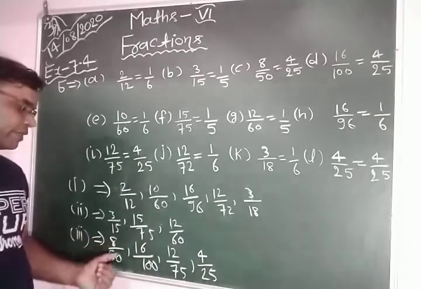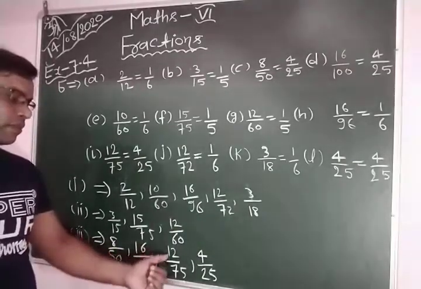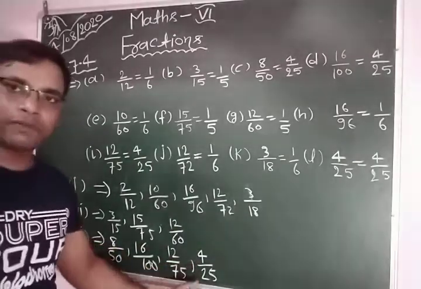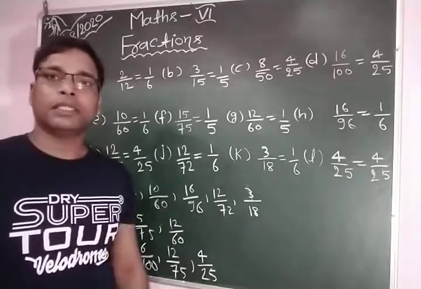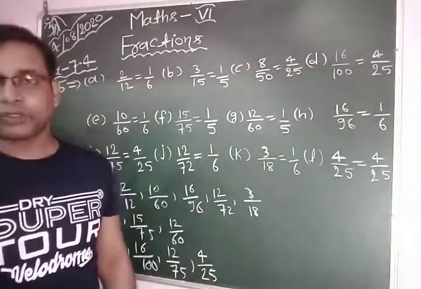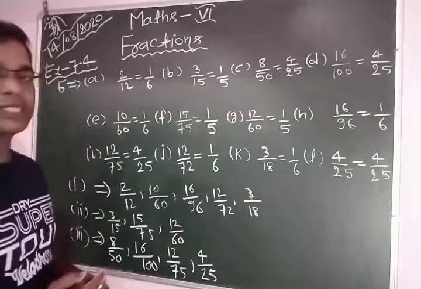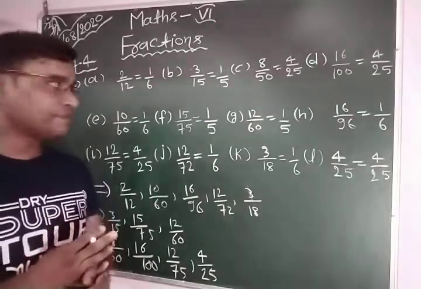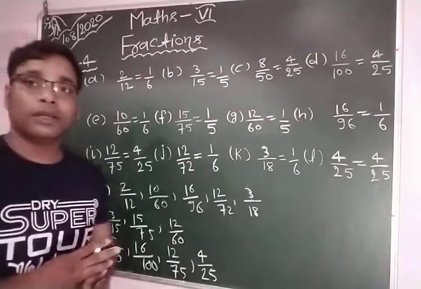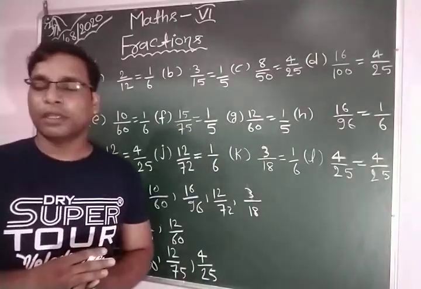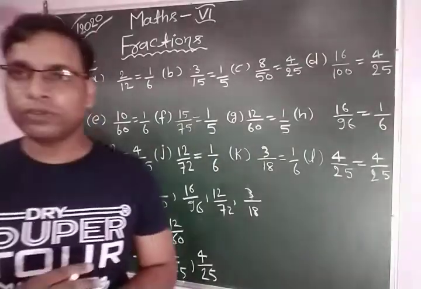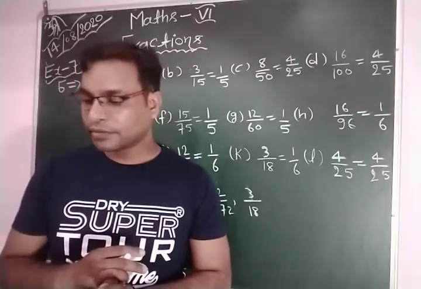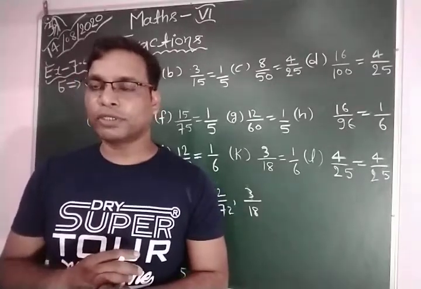Again 8 by 50, 16 by 100, 12 by 75, 4 by 25, they are again equivalent fractions. Okay. So in this way we complete question number 6 of exercise 7.4. Now we are going to discuss the next question, question number 7.